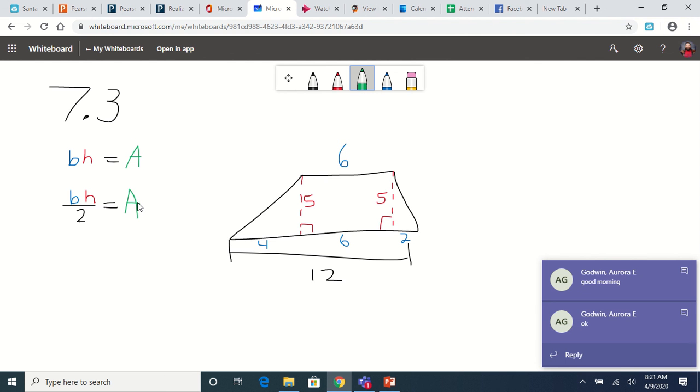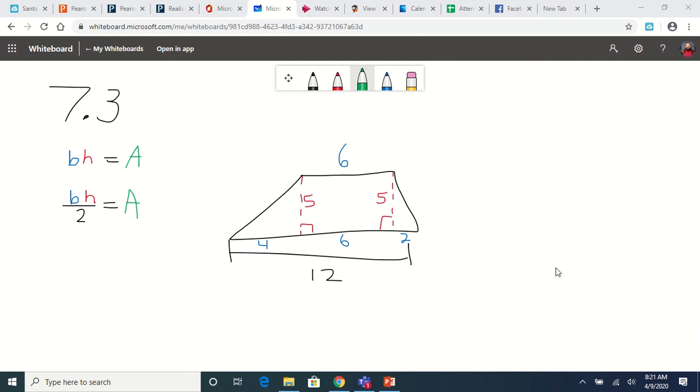So now they're telling us that base times height, we're going to have to use these two formulas to solve for one triangle. So let me mark that on here. So they want you to find the area of this triangle, this rectangle, and this triangle.